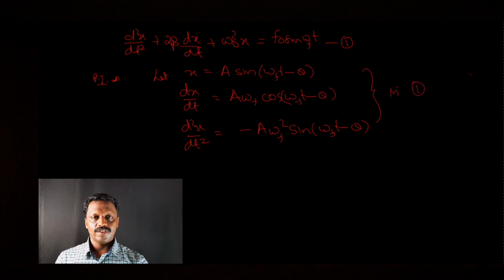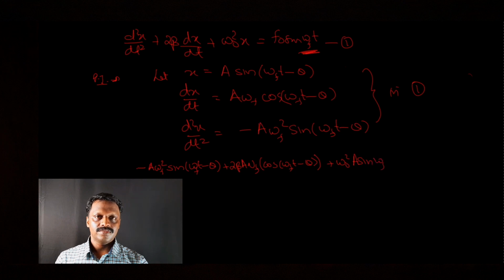So the equation we can write as negative A ω_f² sin(ω_f t − θ), that is d²x/dt², plus 2β times dx/dt, which is A ω_f cos(ω_f t − θ), and the next remaining term on the LHS as plus ω_0² x, where x is A sin(ω_f t − θ).